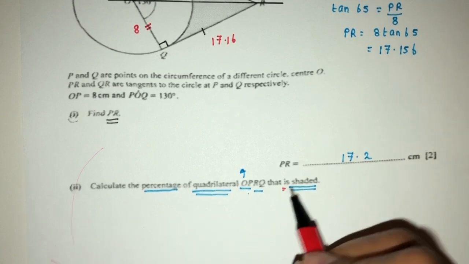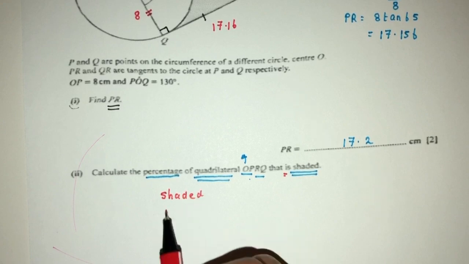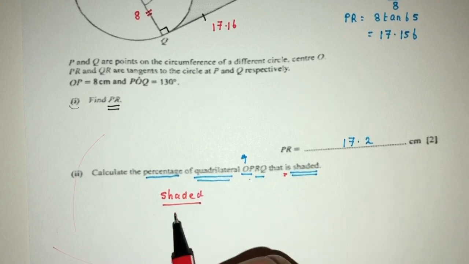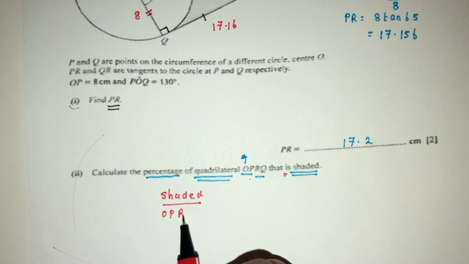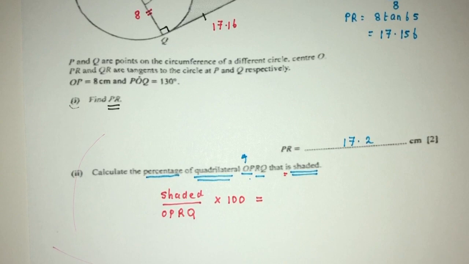That is shaded, so you will take the region that is shaded divided by the area of the quad, which is OPRQ, times 100 for the percentage. That's briefly how you would find the answer for this question. So we have to find these values and then we can find the answer.